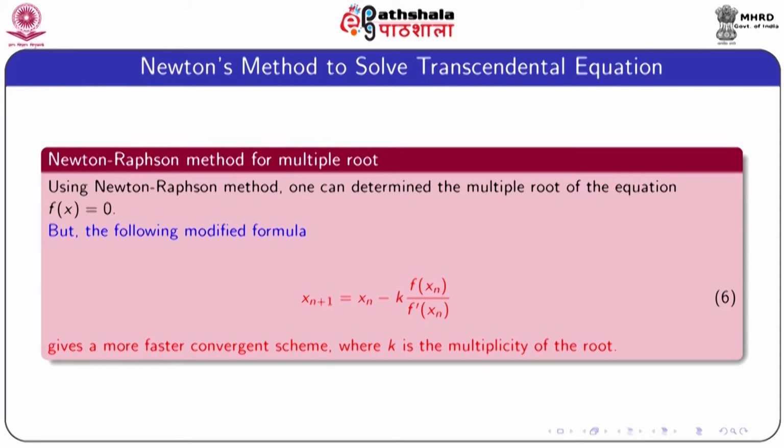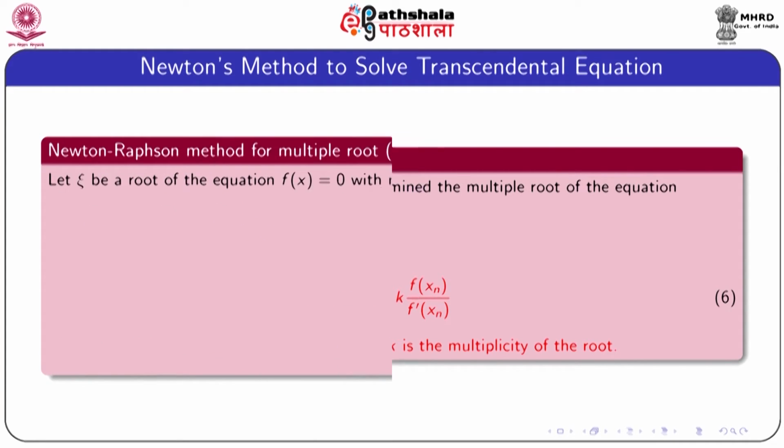Note that in the second term the constant k is multiplied by the expression f(x_n)/f'(x_n). So, this is the modification of the standard Newton-Raphson method.